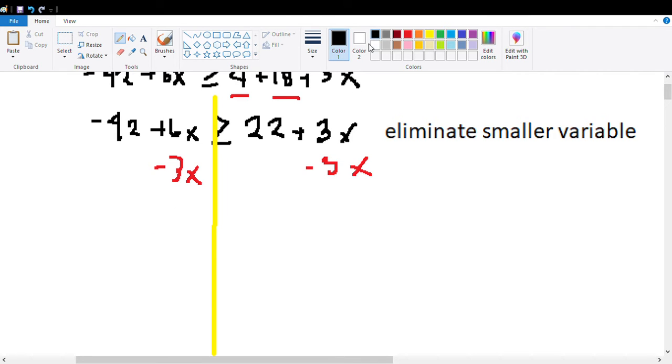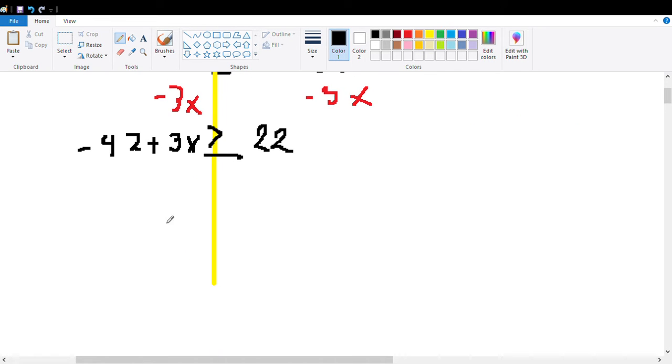Hence, when you solve it, you're going to get -42 plus 6x minus 3x, which is 3x, is greater than or equal to 22.